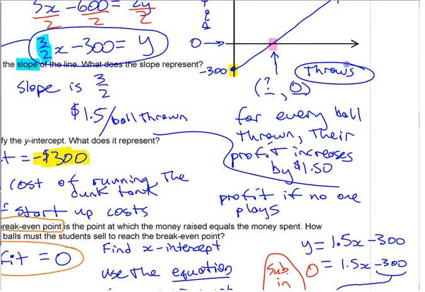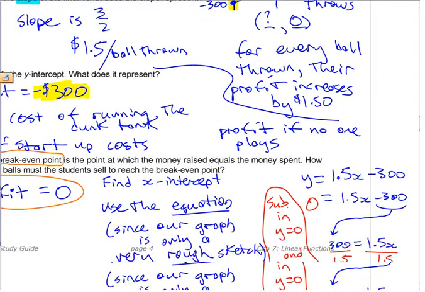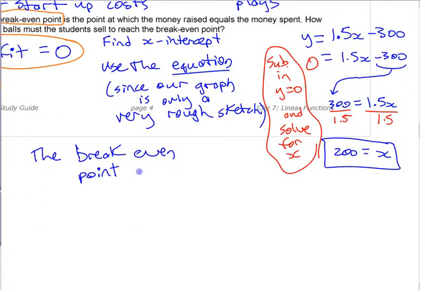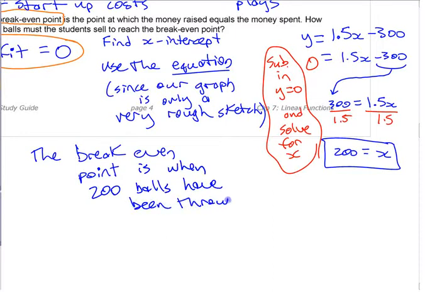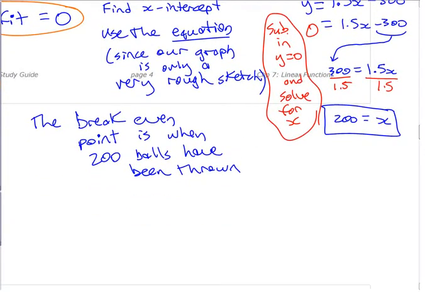Number of throws, number of balls thrown, whatever you're calling it. When 200 throws are made, 200 balls are thrown. That's the meaning of the x-intercept there.